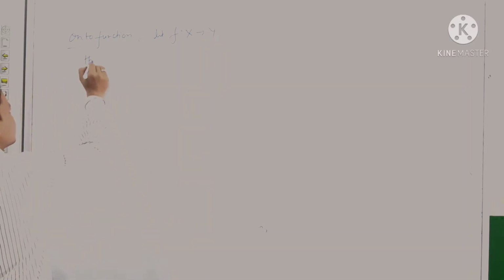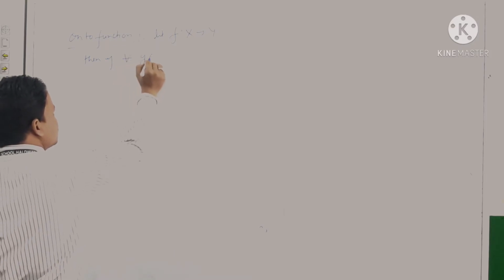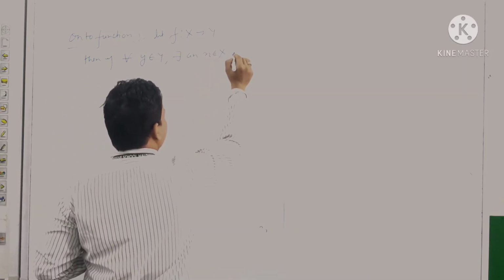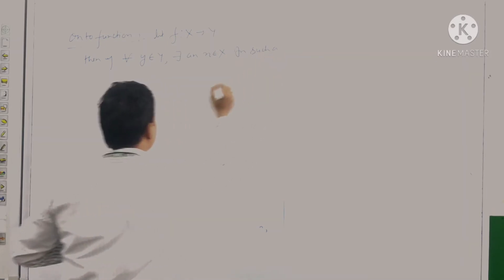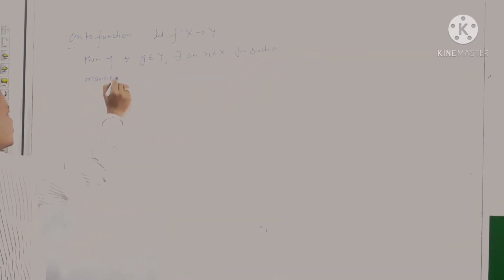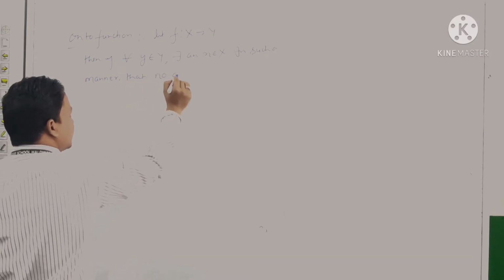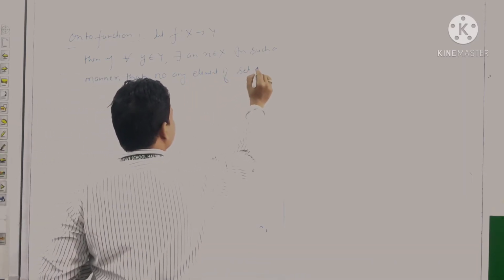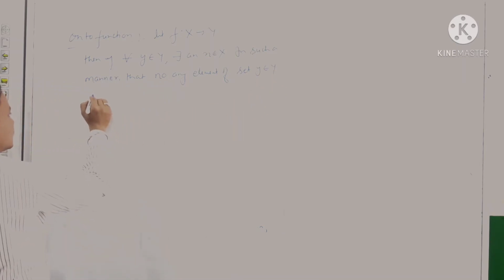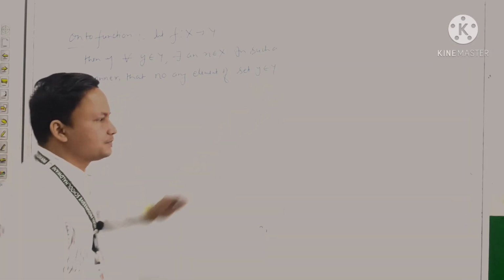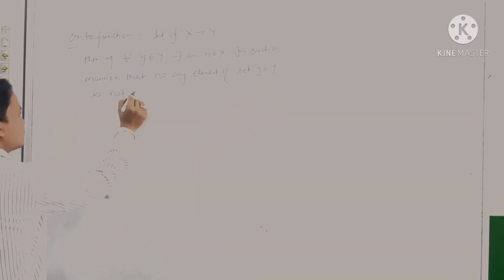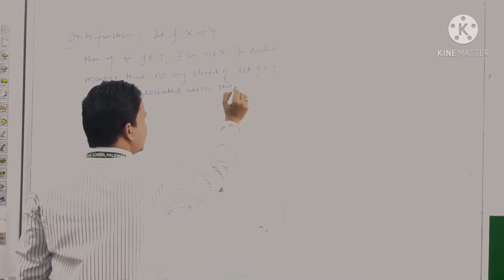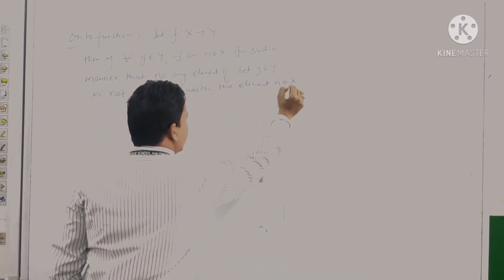Then if for every y belongs to y, there exists an x belongs to x in such a manner that no element of set y is not associated with an element x belongs to x.